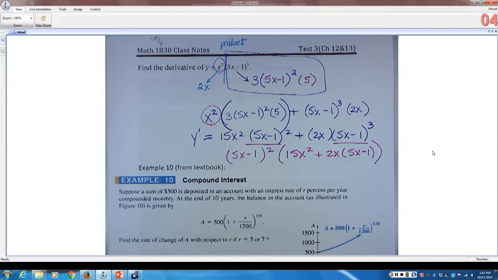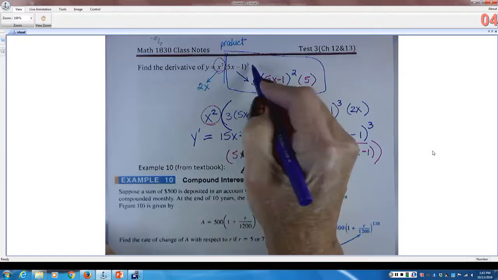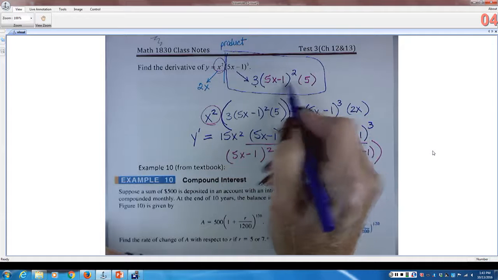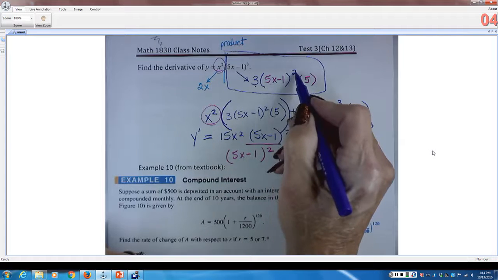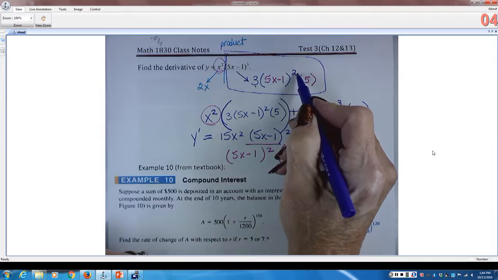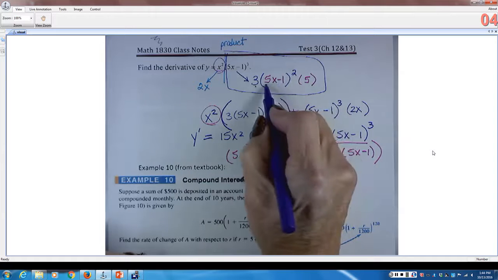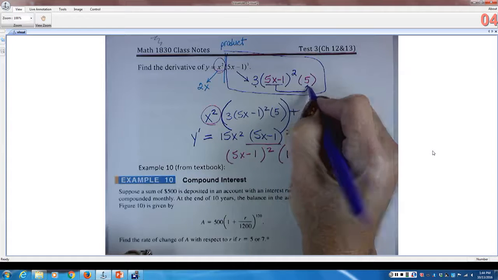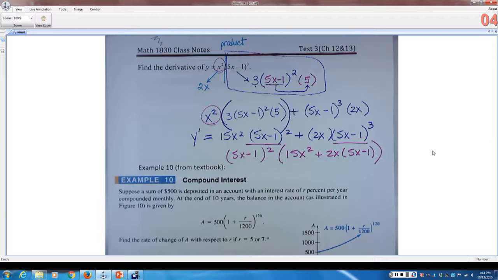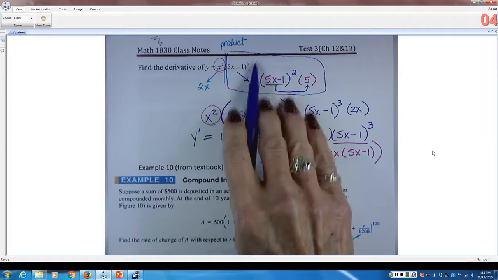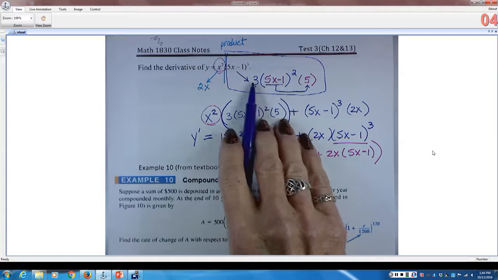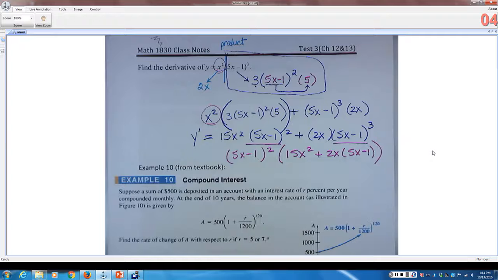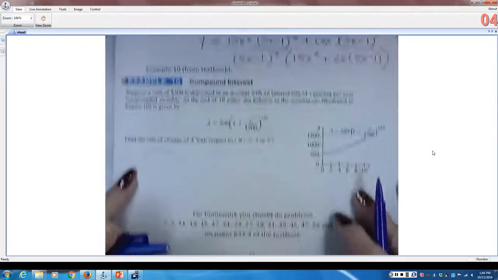And the way we took that derivative was we brought the power down in front, and then we kept what was in the parentheses just the same, and then we reduced the power by 1, going from 3 to 2, and then by the chain rule we also have to take the derivative of what was inside the parentheses, which was 5. So the derivative of (5x minus 1) to the third power is actually 15 times the quantity (5x minus 1) squared. And that's similar to what we're going to do in this next problem.